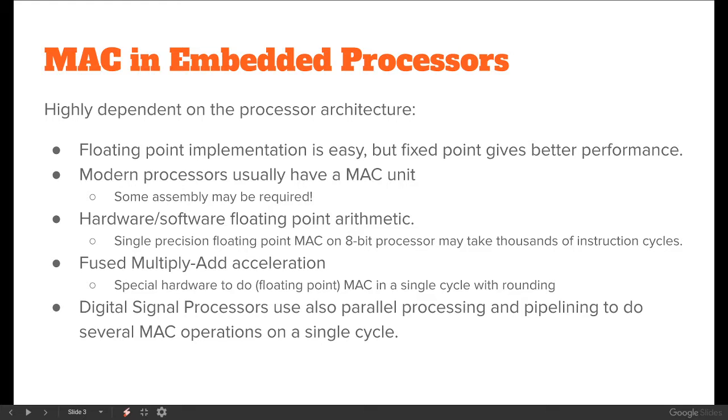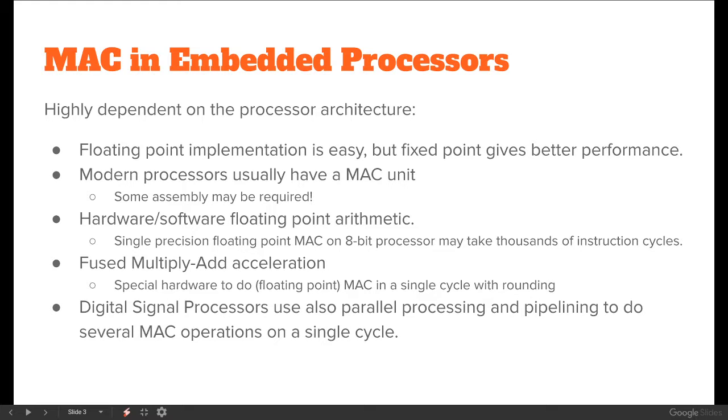Okay, and then basically if you really need fast performance, then there are still available the digital signal processors and parallel processing, pipelining, all the ugly stuff to do several MAC operations in a single cycle.